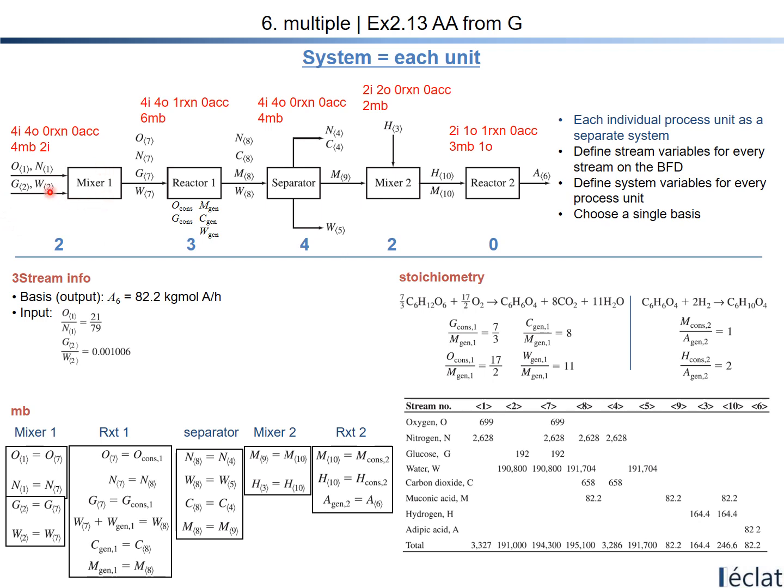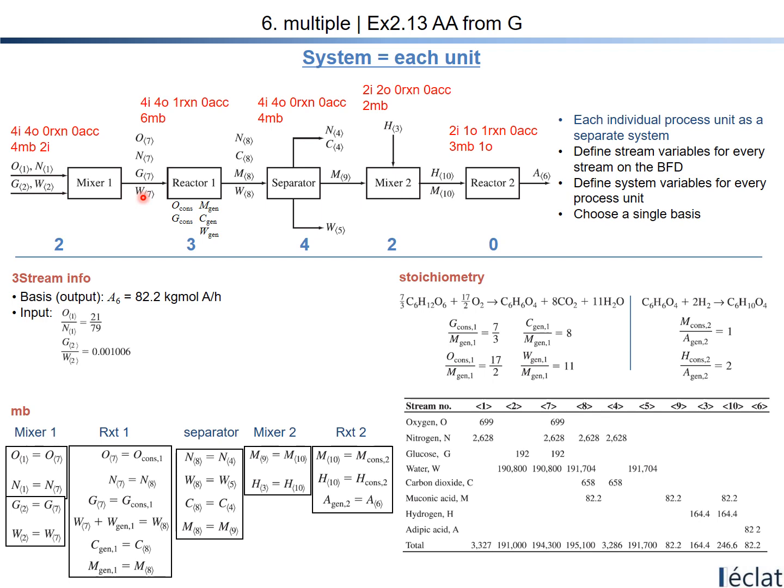For mixer 1, so for input and for output, right? For I, for O, and zero reaction for mixer 1, so zero reaction and zero accumulation. There are the variables or unknowns. How about the restrictor equations? So we have O and GW.